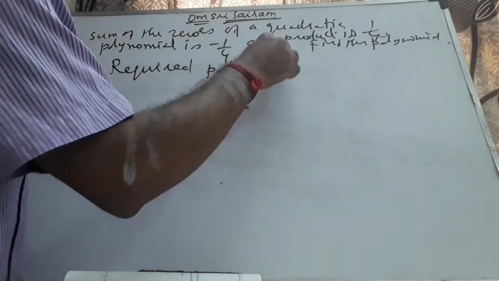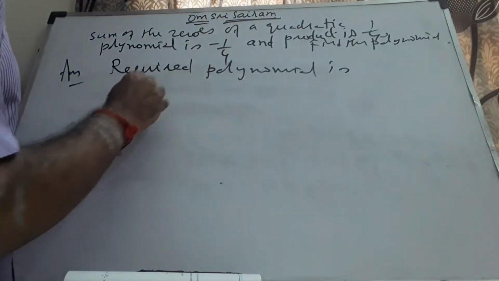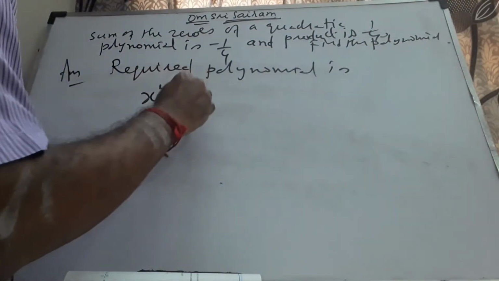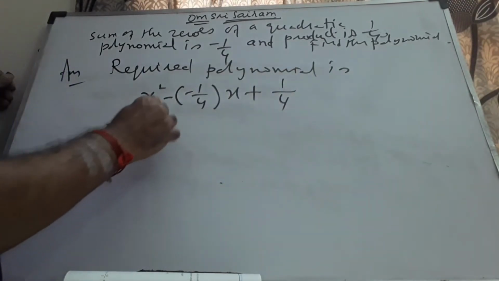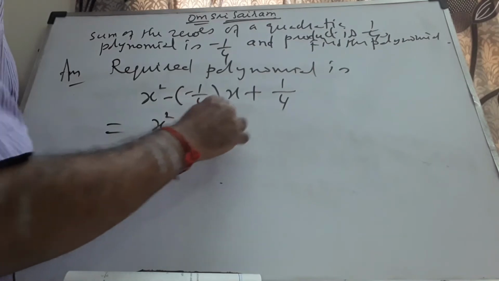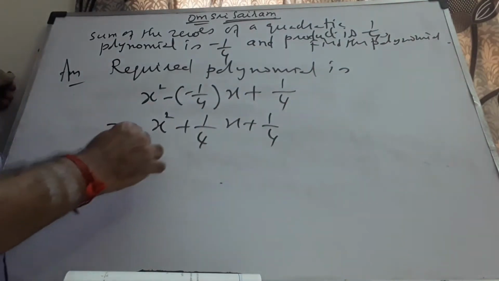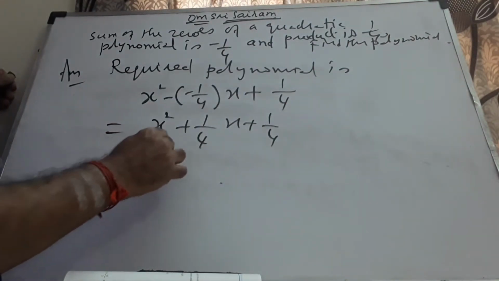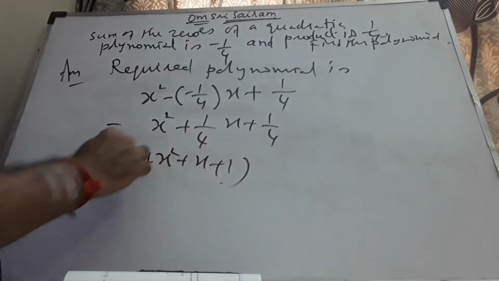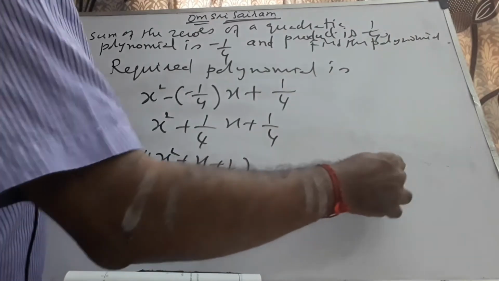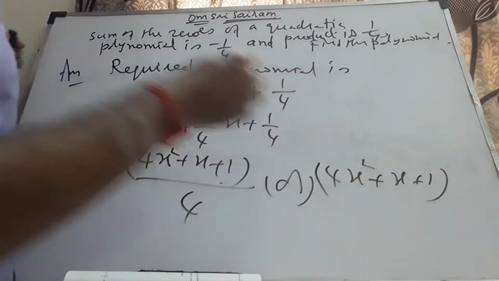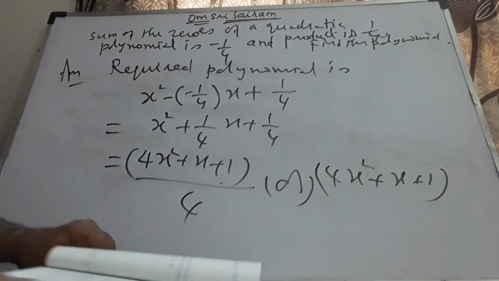Required polynomial is x square minus of minus 1 by 4 into x plus 1 by 4, which is equal to x square plus 1 by 4x plus 1 by 4, which will be 4x square plus x plus 1 whole by 4. Or if you eliminate this 4 which is in the denominator, answer won't get changed.